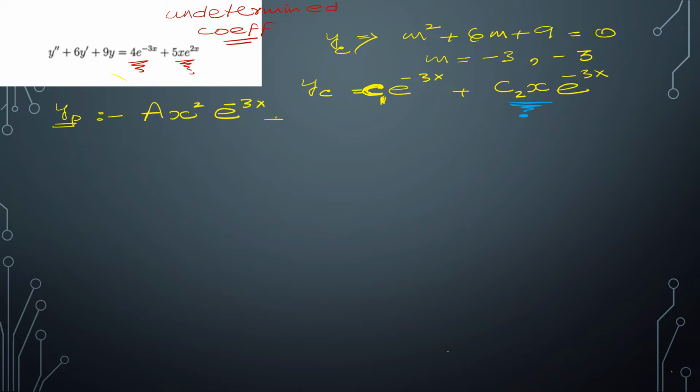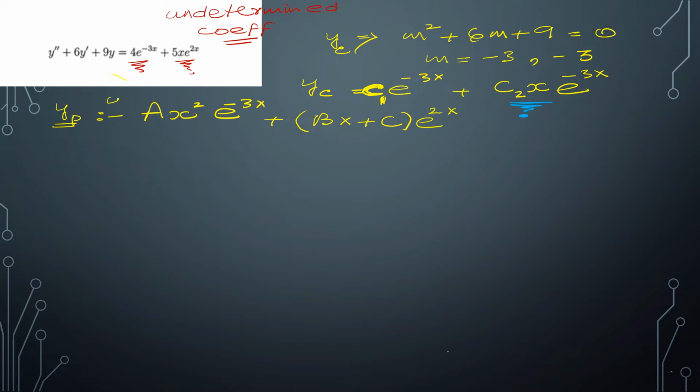Now plus, the second one, 5x e to the power of 2x. Because the polynomial function is 5x, I can write it as bx plus c, from the highest degree of the polynomial to the lowest degree, and e to the power of 2x will stay as it is. Now I am set with everything.